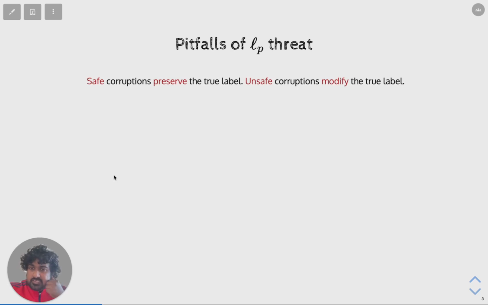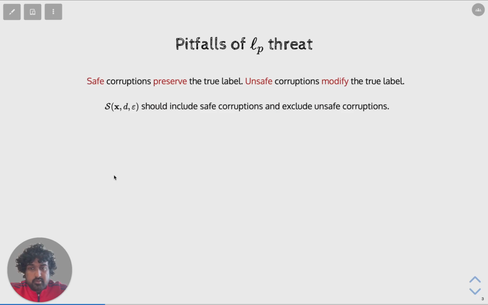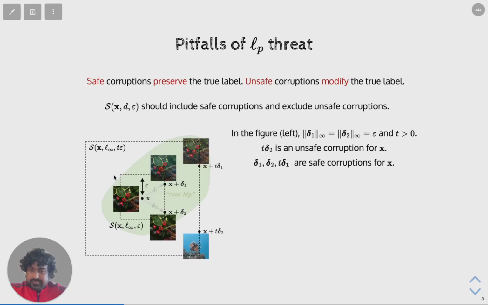We first categorize corruptions into two categories: safe corruptions that preserve the true label and unsafe corruptions that modify the true label. Ideally, the permissible set should include only safe corruptions and should exclude all unsafe corruptions. In this figure, delta 1 and delta 2 are two corruptions that are equidistant from the original input.